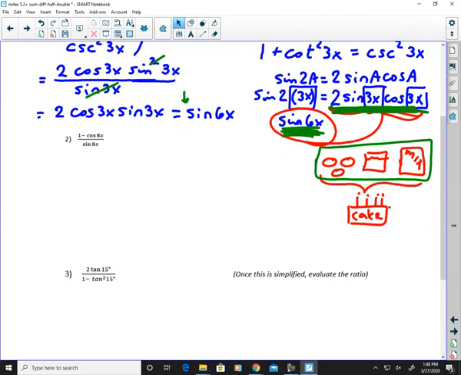So let's see what this one looks like. So the next formula, if you look on the formula sheet, it looks a lot like the last one. And it's the first version of the half angle tangent formula.